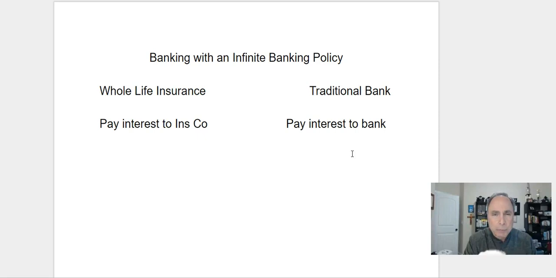That's not what we're doing. They're lending their own money, but using the cash value in your life insurance policy as the collateral. Okay, when you pay the interest, and it's 5% usually, you pay that interest back to the insurance company.